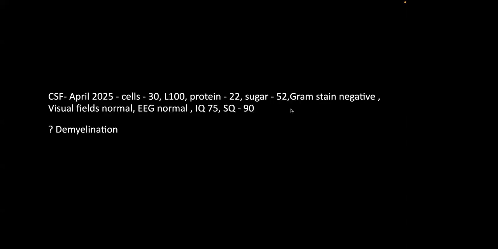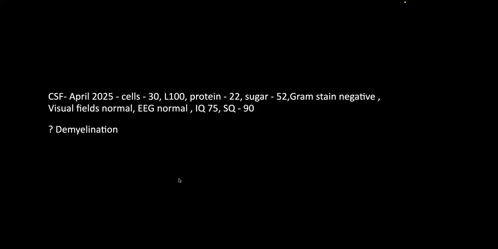So again, the child was evaluated because of this acute onset hemiparesis. Outside they have done CSF, and it was also evaluated for seizures initially, with CSF where cells were 30, protein was 22, sugar was 52, and gram stain was negative.